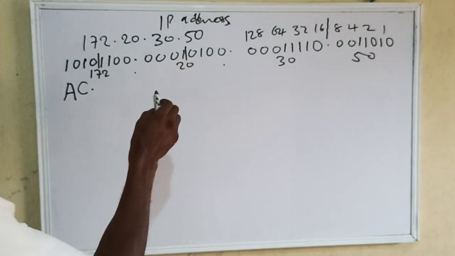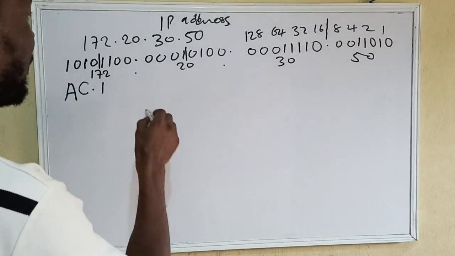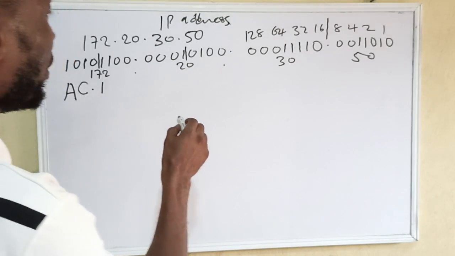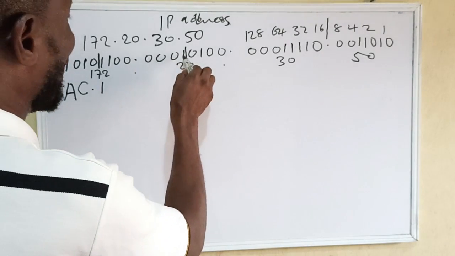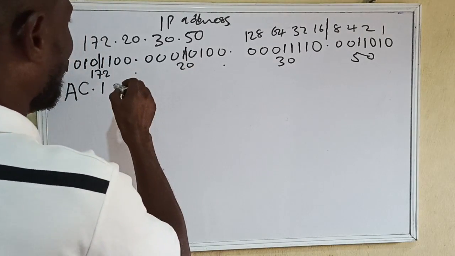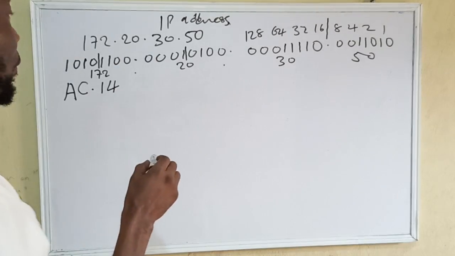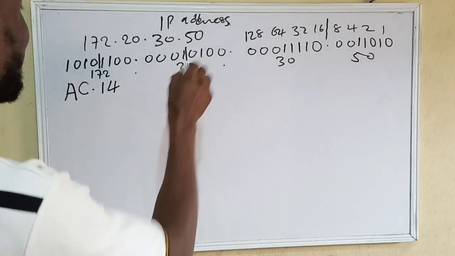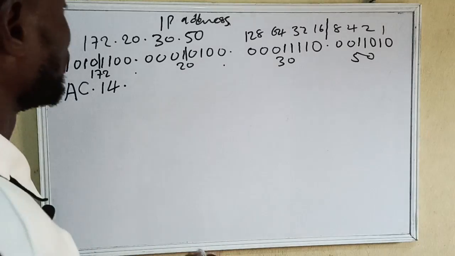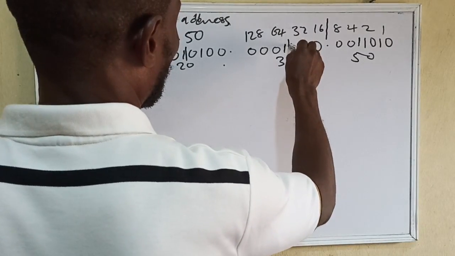Dot. You come here, separate this. This is 1, because this is 8, 4, 2, 1. And here is 8, this is 4, which means you put 1, 4 for 20. Then you put a dot. You come here, separate this.